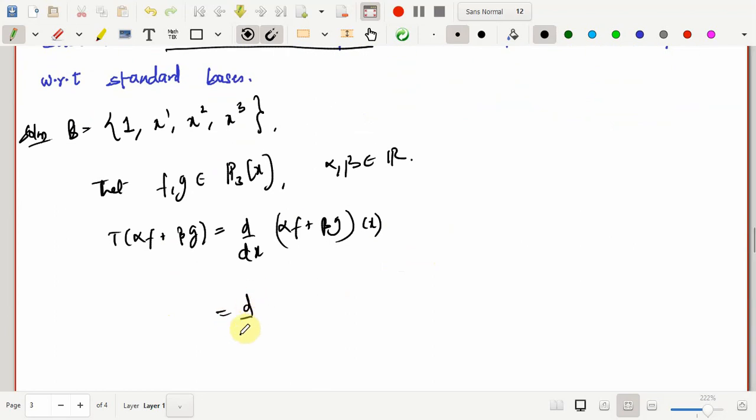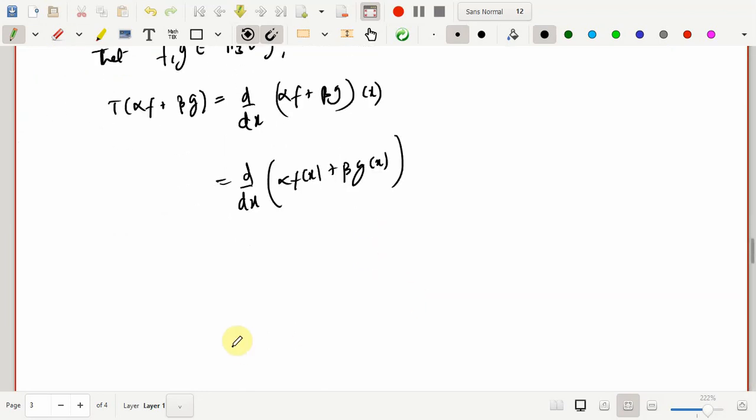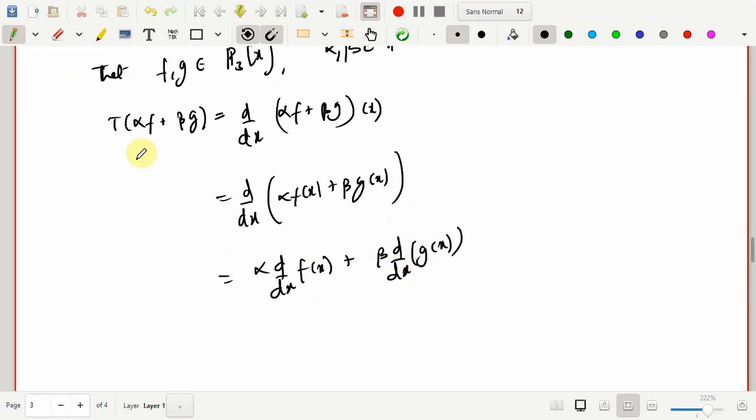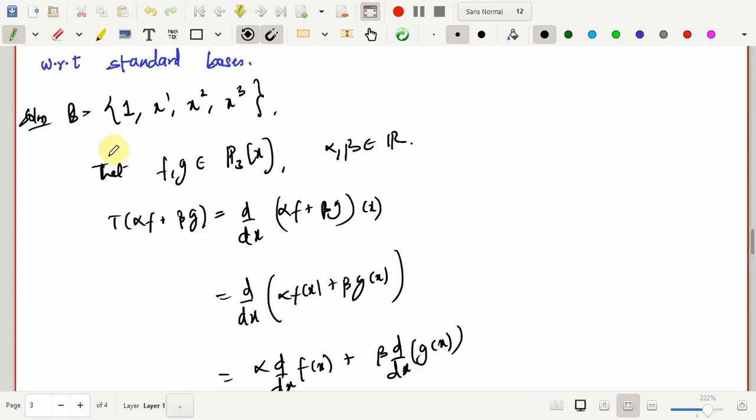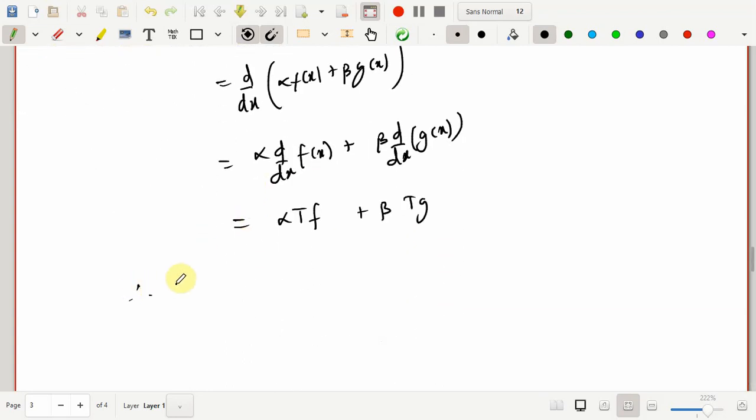But you know that this function is the same as alpha f of x plus beta g of x, and by the linear property of the differential coefficient or the derivative, this is the same as alpha times derivative of f plus beta times derivative of g. So using the property of linear transformation, we have shown that T of alpha f plus beta g is the same as alpha Tf plus beta Tg. By definition this again becomes Tg, and this again becomes Tf. So therefore we have shown that T is linear.